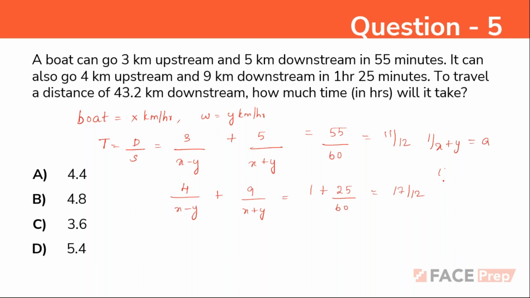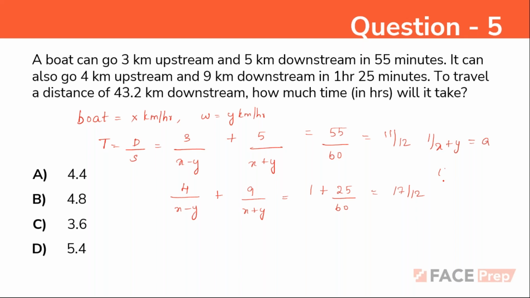Now I need to cancel one variable so that I can find the other variable's value. So I'm going to multiply this with 4 and 3. So that I'll be getting 12b plus 20a, which will be equal to 11 divided by 3, and 12b plus 27a, which is equal to 17 divided by 4.